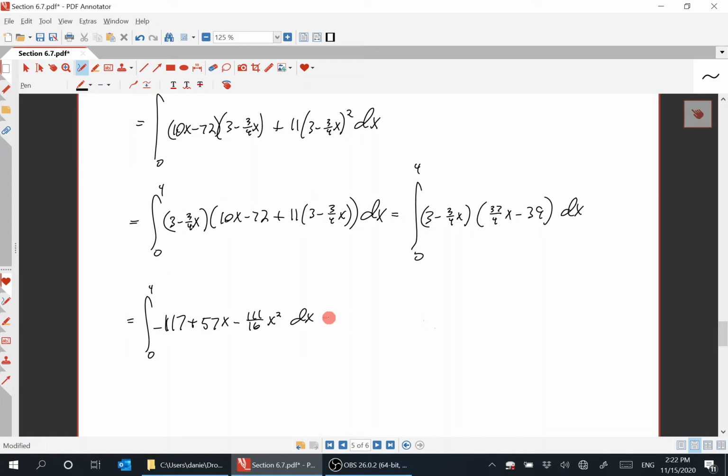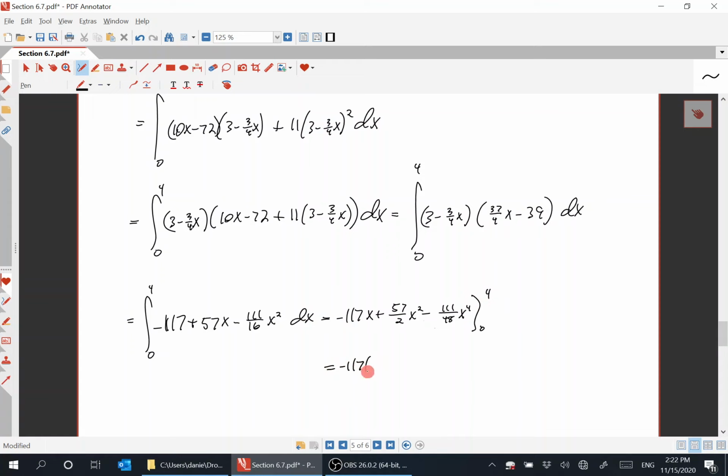So this is equal to 117x minus 57 or plus 57 over 2 x squared minus 111 over 48 x to the 4th from 0 to 4.